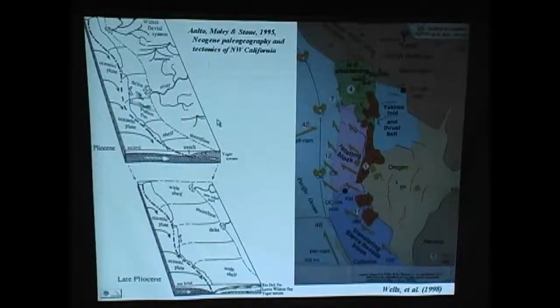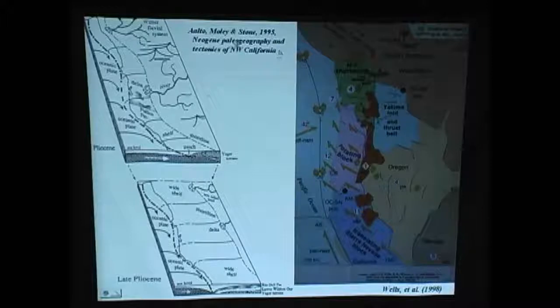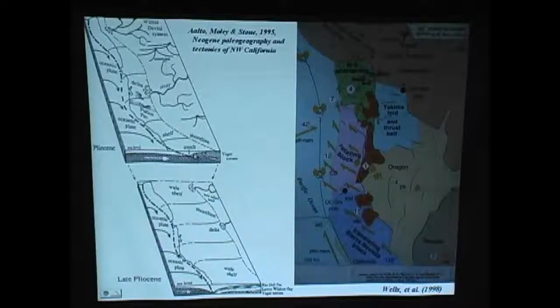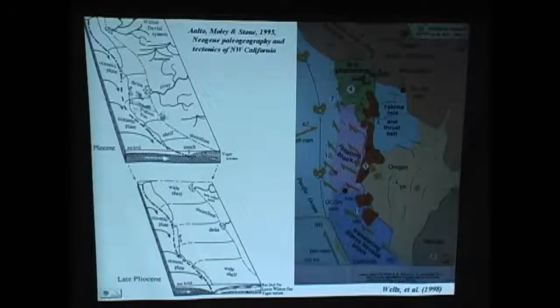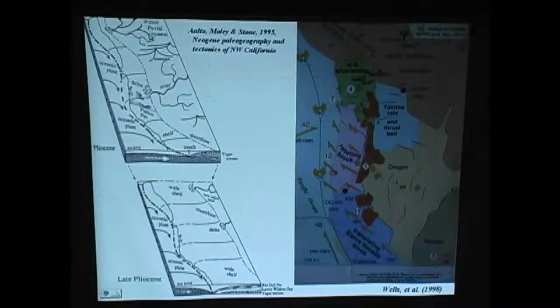And from a paper that I wrote with Linda Stone and Kathy Moley in 1995, we had a model where we start off in the late Pliocene with the Yager terrane, and we have a shoreline somewhere to the east, and here we have the Pullen Formation, and then up at Crescent City we have the Wimer and St. George Formation, and as you go east we had river systems, some of which must have come all the way from Idaho. We call it the ancestral Snake River, just to say something poetical.